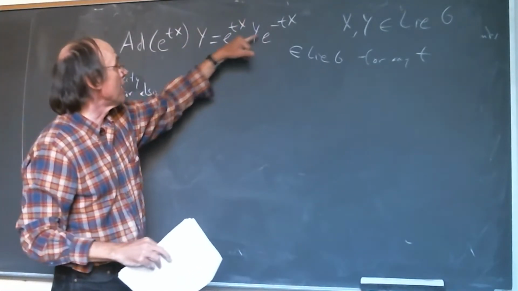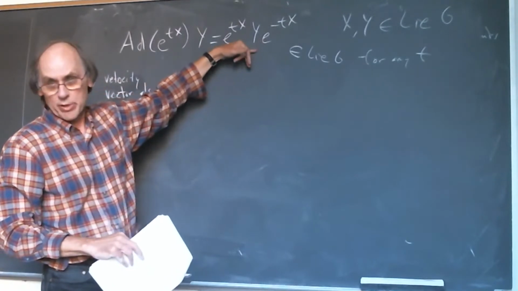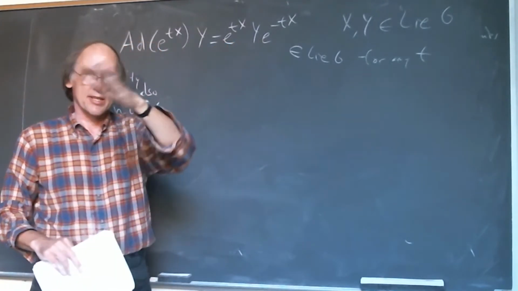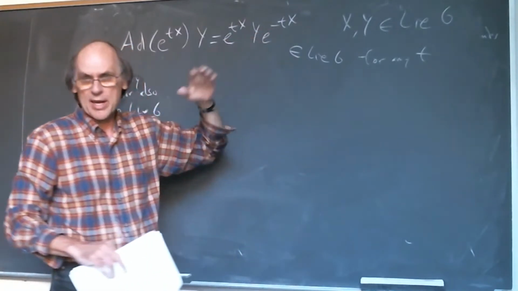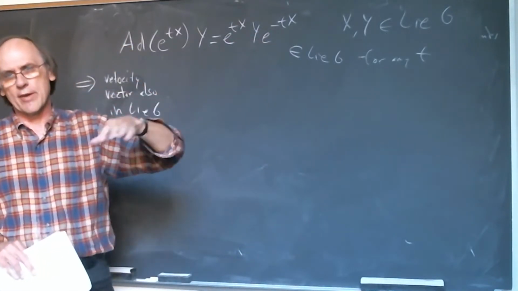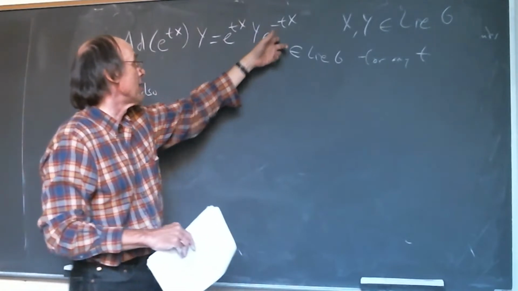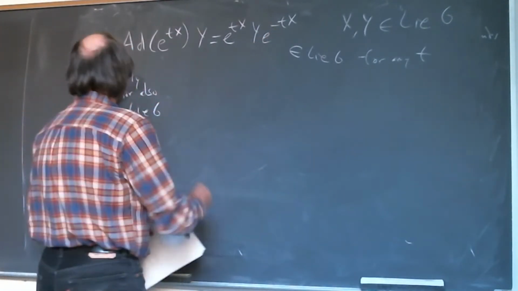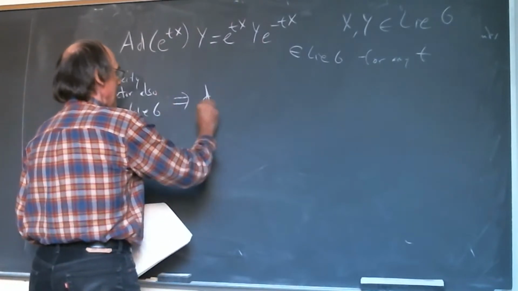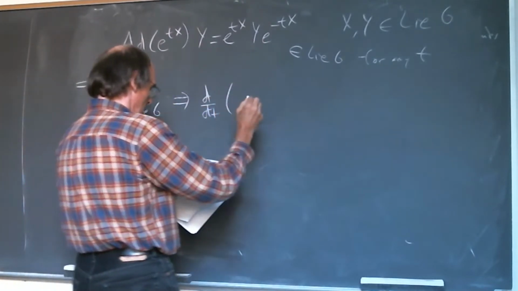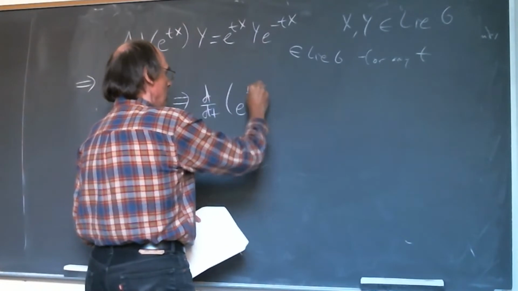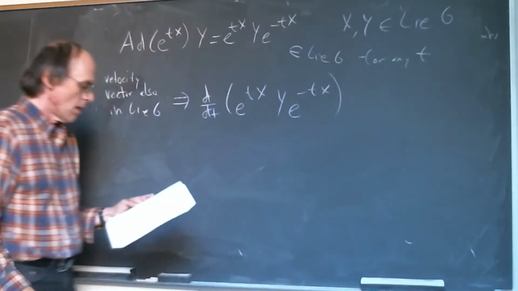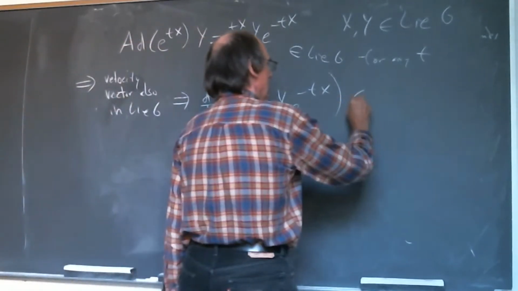As you vary t, this is moving around in the Lie algebra. But if you've got a path that's staying in this nice vector space, and you take the velocity vector of that path, it's got to stay in here too. So that implies that d/dt of e^{tX} Y e^{-tX} is in Lie G.